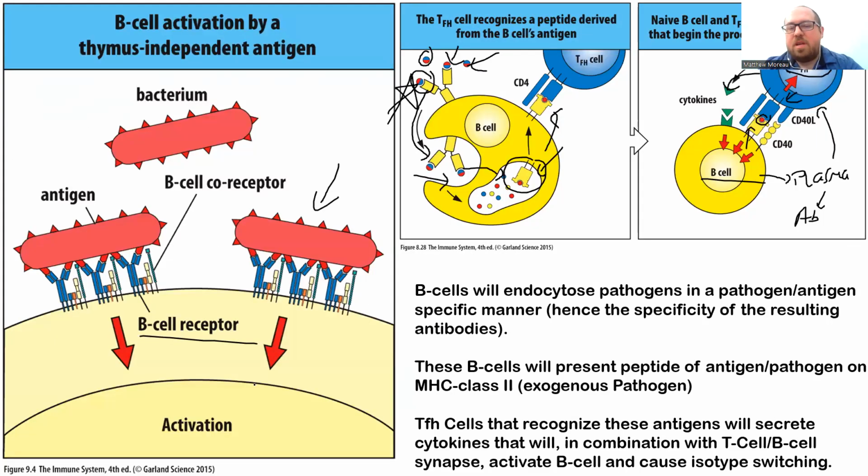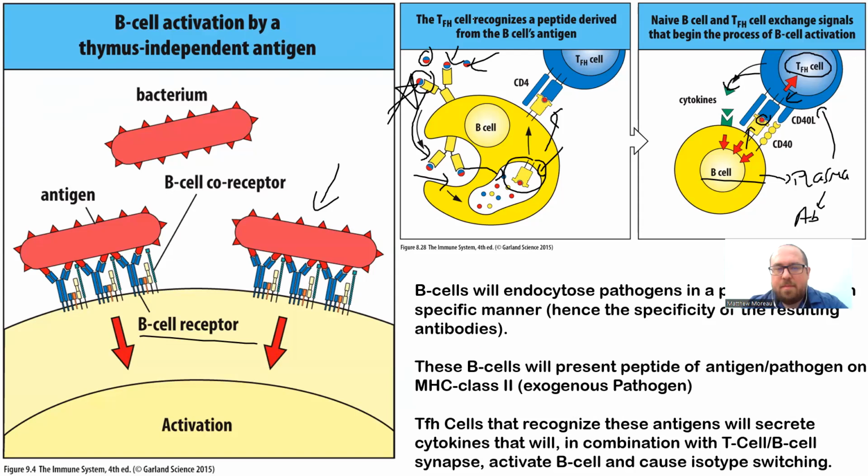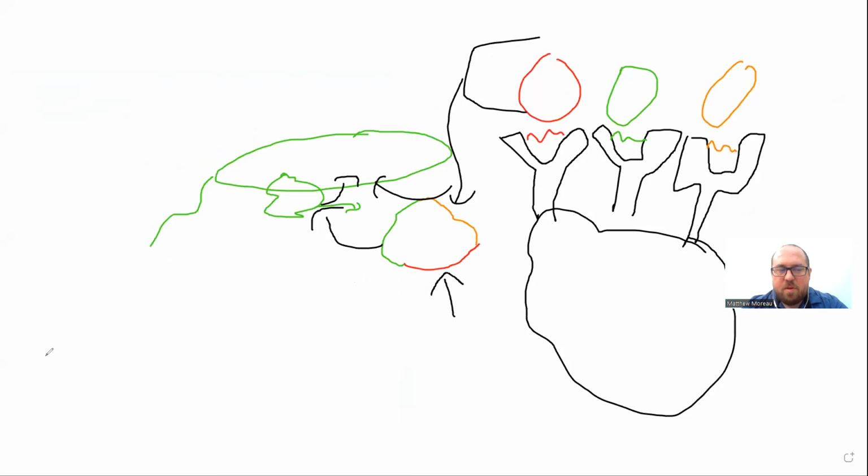So I want to take a moment to mention something that we haven't talked about, which is this concept that, and I've kind of hinted at it, but I just want to make sure that we're on the same page. When you get T cells and B cells out of the thymus and the bone marrow, what you're getting is a subclass or an already predetermined type of cell.